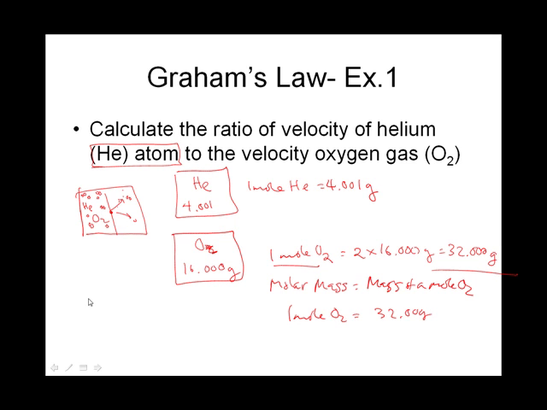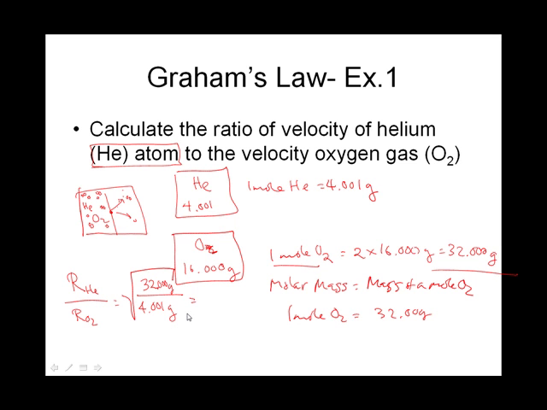But now if I want to compare the rate of helium versus the rate of oxygen, it's going to be the square root of the mass of the oxygen on top. So it has to be 32.00 grams on top, and then the mass of the helium down below, 4.001 grams.